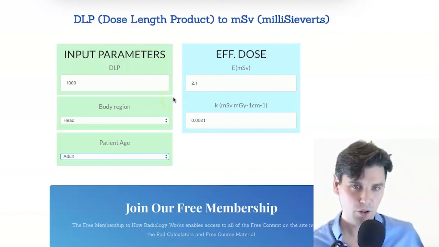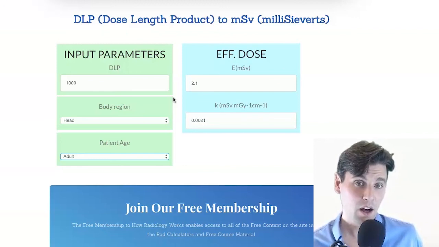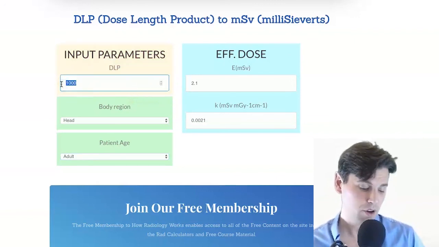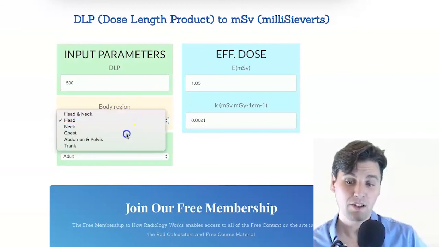Then imagine just one other example we could look at is a chest. Imagine we have a chest and we're doing that with a radiation dose where we have a CTDI of 10 milligray, and then imagine we have a coverage of 50 centimeters. So then we're looking at 500 for our DLP, and then the body region is chest.